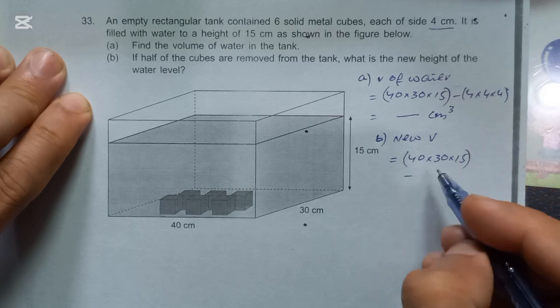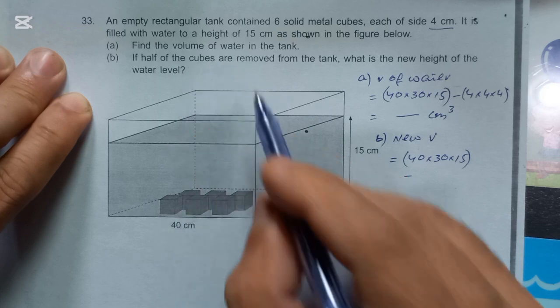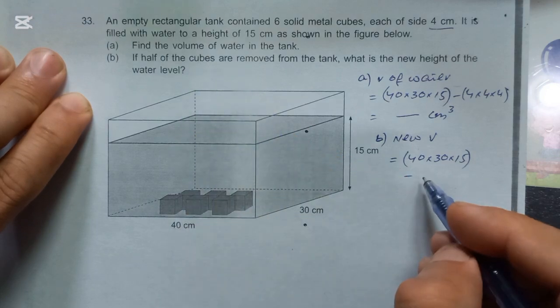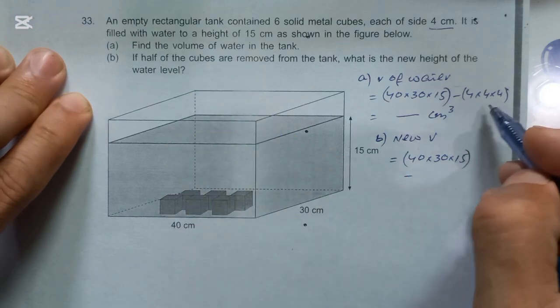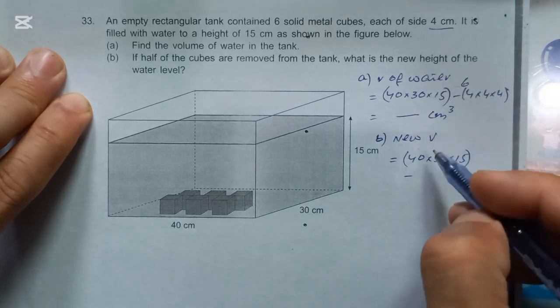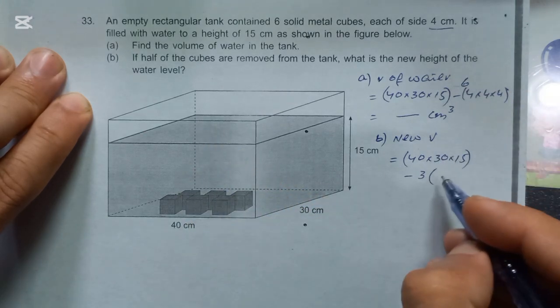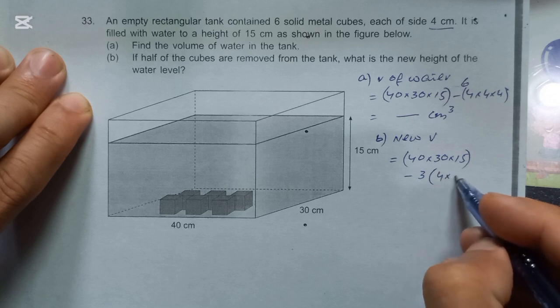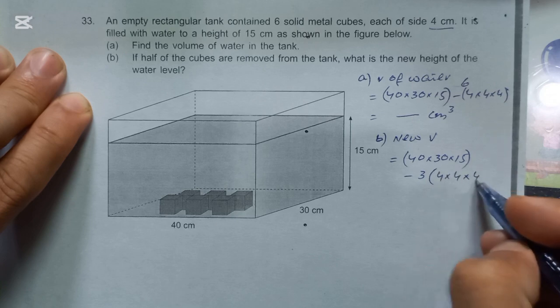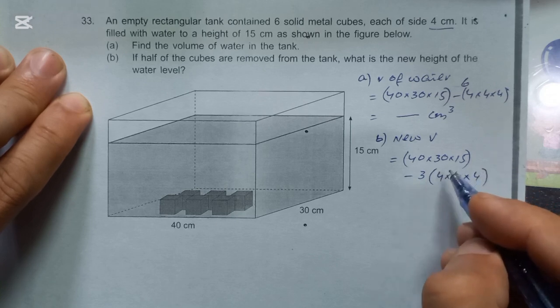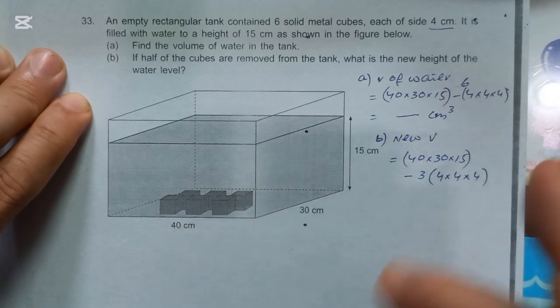Half of the cubes are removed, so in this part 6 will also be multiplied. Half of the cubes are removed, so it means 3 cubes will be removed, each having side 4. So this will give the new volume after removing half of the cubes.